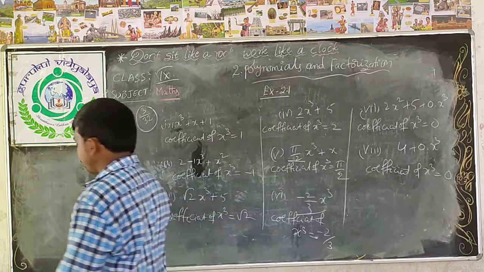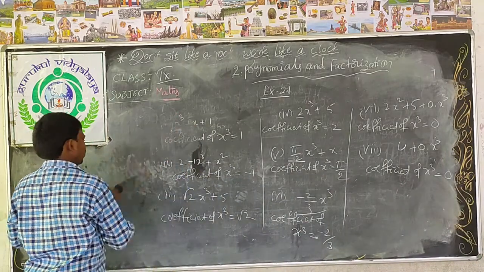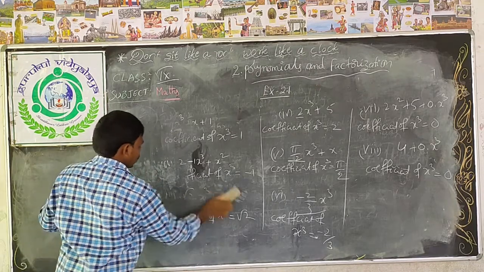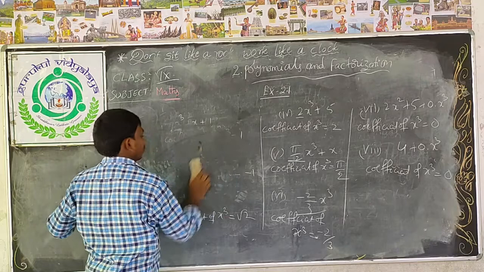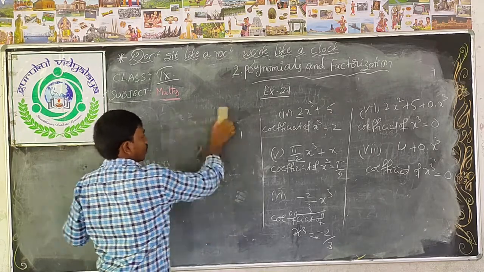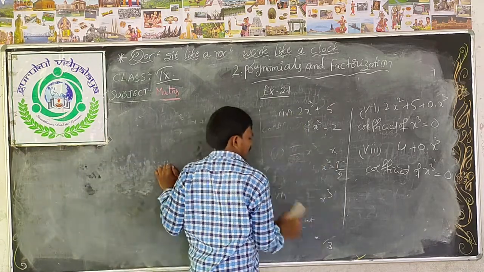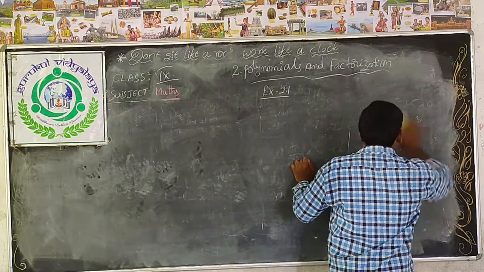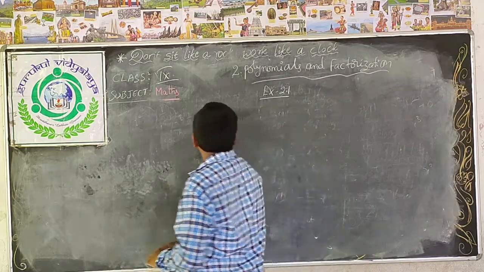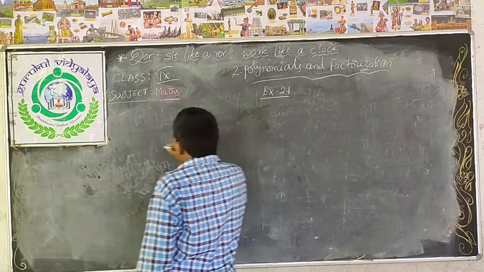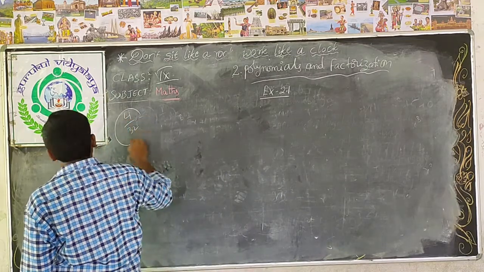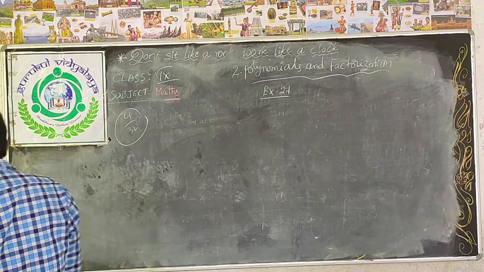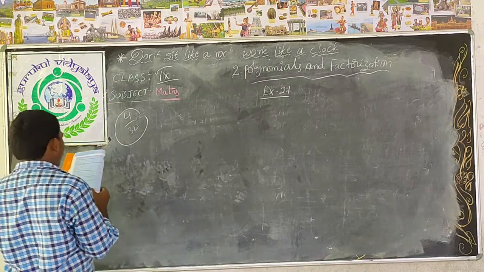Next, fourth one, page number 32. Children, classify the following as linear, quadratic, cubic polynomials.